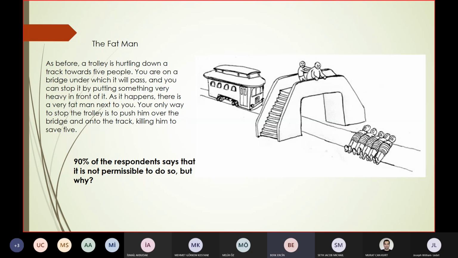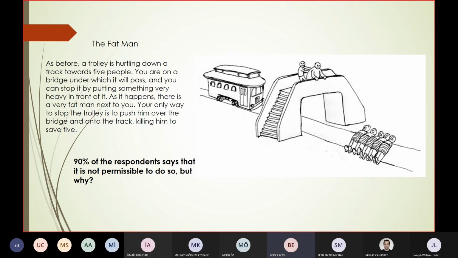Why is this happening? Why can we sacrifice one's life to save 5 in the bystander at the switch scenario, but not in the fat man case? If it is permissible to intervene in the so-called bystander at the switch scenario, while it is not permissible to intervene in the so-called fat man scenario, then the trolley problem arises.